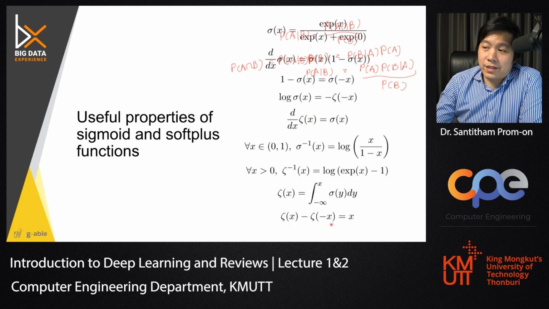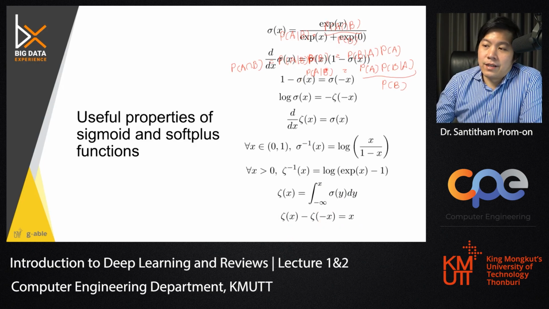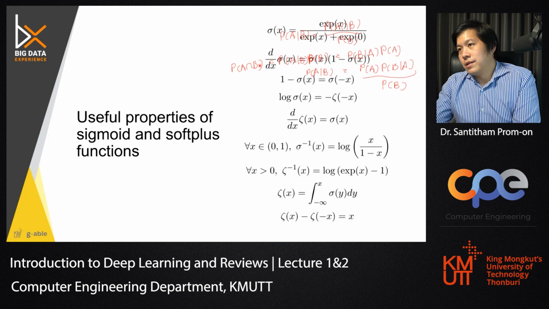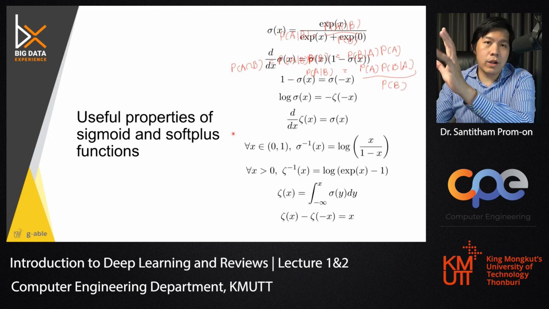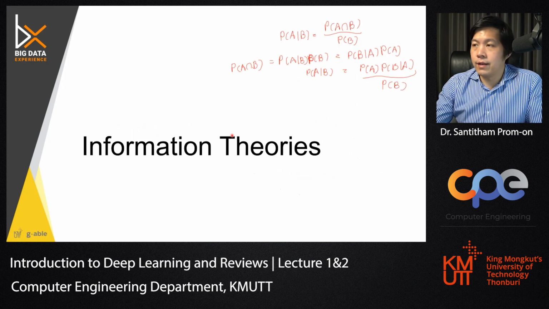And if you integrate the sigmoid, you get softplus. And softplus minus softplus reflected, you get the value of x. So these are quite useful properties. Although we will not use all of them, we will at least use the sigmoid and see later on how it works in gradient derivation in the next lecture.